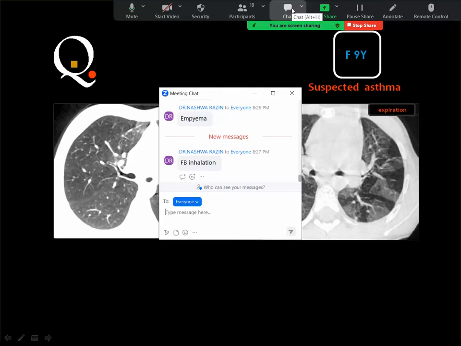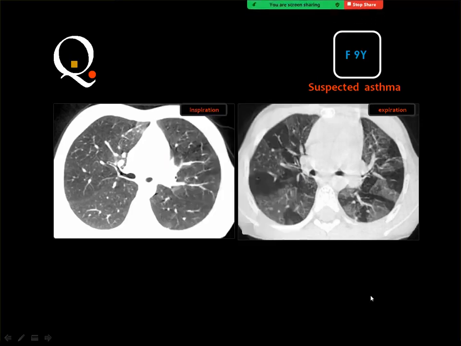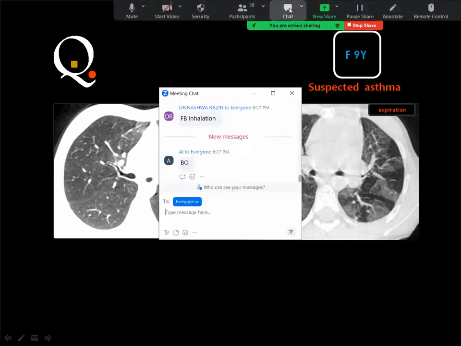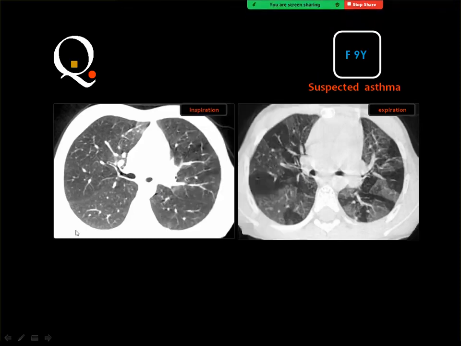Foreign body inhalation on which side? Both sides? Left side? No.